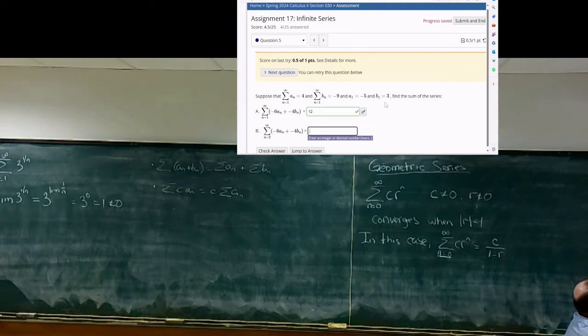So that first term is -6 times -5 plus -4 times 3. What's -6 times -5? 30. -4 times 3 is -12. What is 30 minus 12? 18. So 12 minus 18.